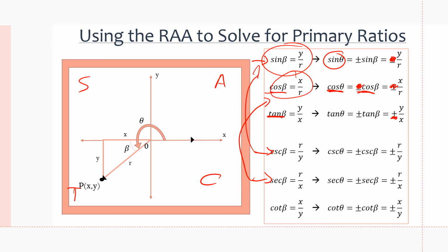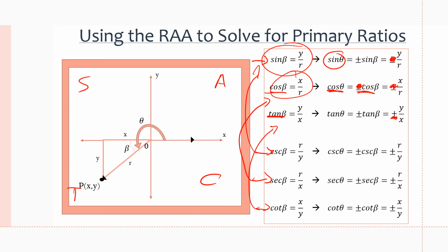And lastly, with cotangent: since tangent is positive in quadrant 3, cotangent will also be positive. So to find the signs for the reciprocal ratios, we just find the sign of their corresponding primary ratio.